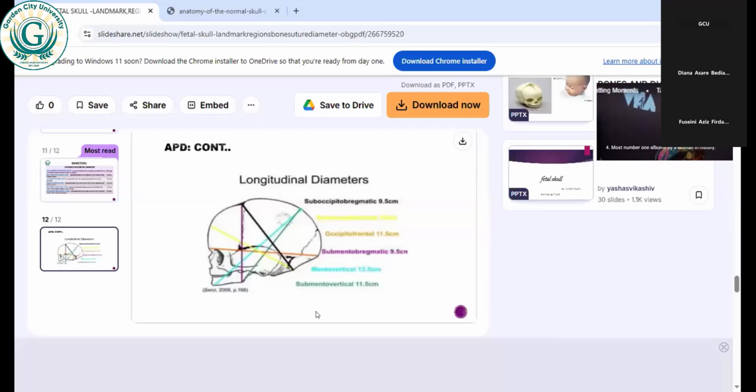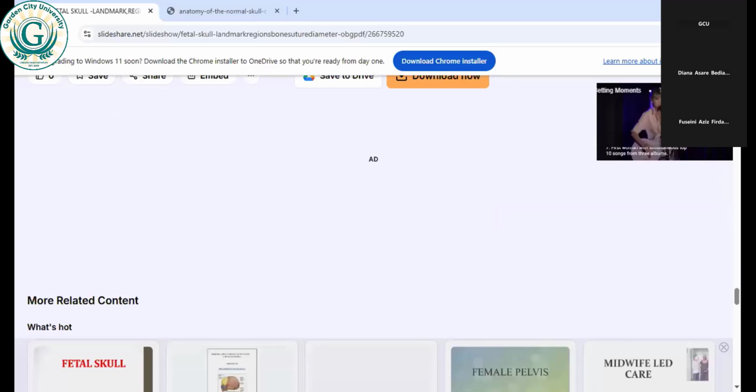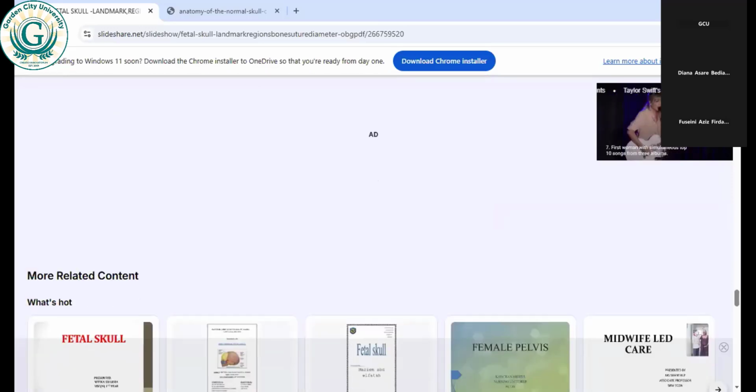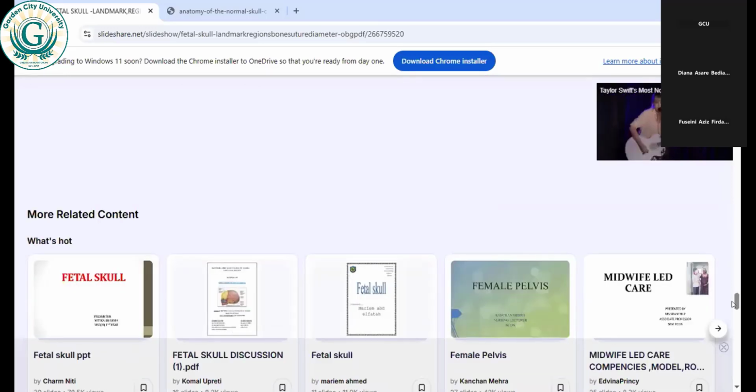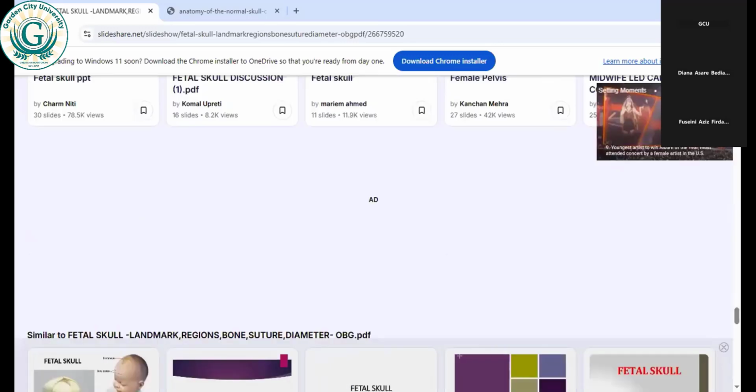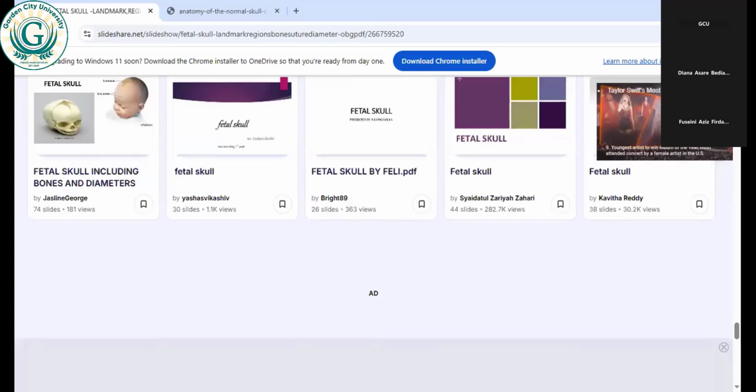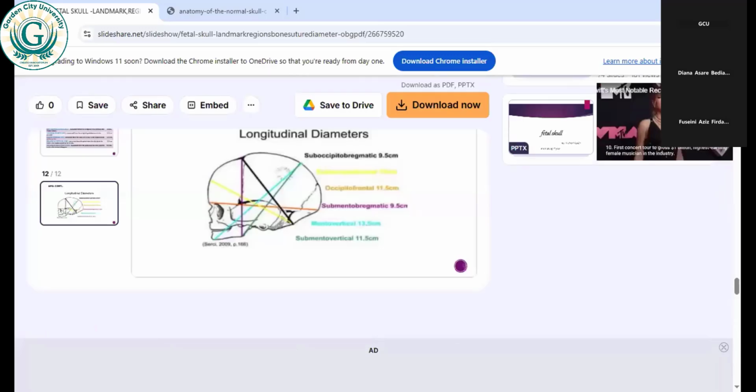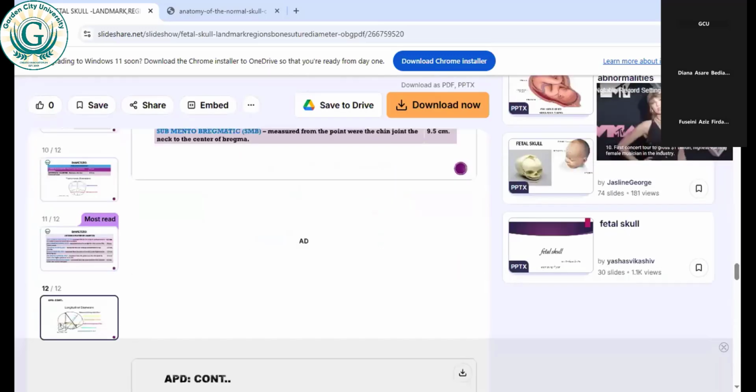So with the transverse diameters we have two: biparietal is 9.5, bitemporal is 8.2. Longitudinal diameters are 6, transverse diameters are 2, making them 8 diameters in all.